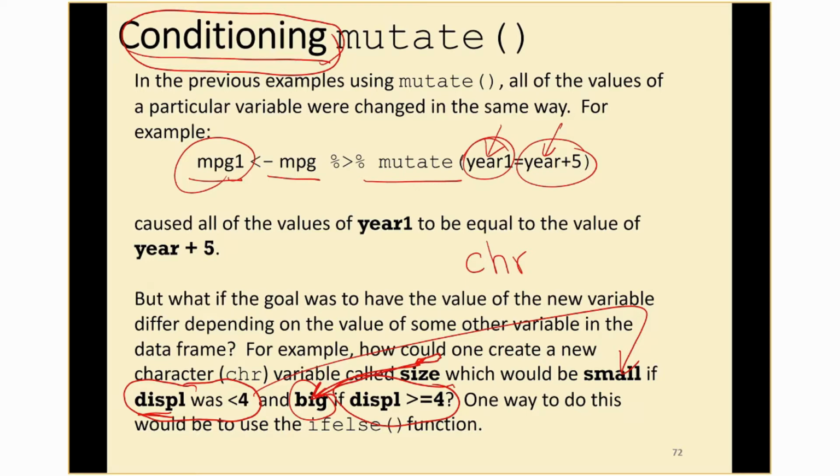So it's conditional mutation in the sense that we're creating a new variable with mutate called size, that it's going to take one of these 2 values, small or big, but it's conditional upon the value of the variable displacement.